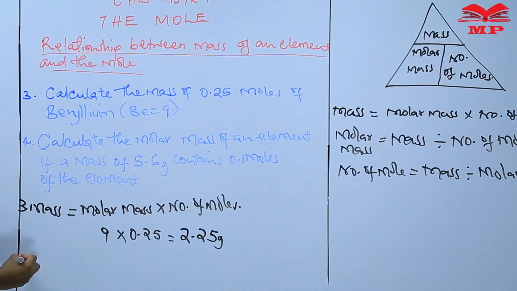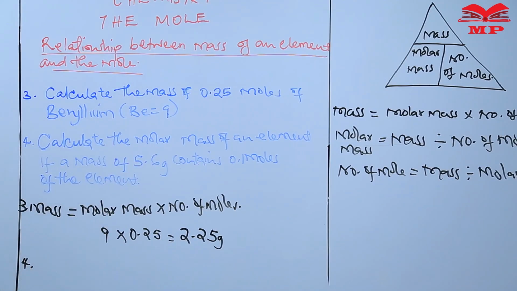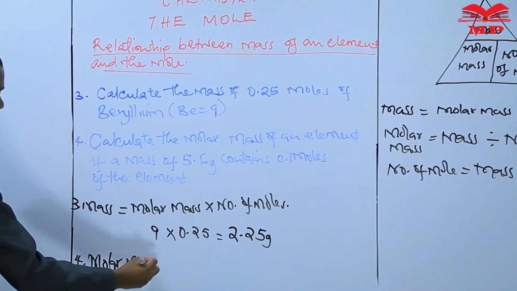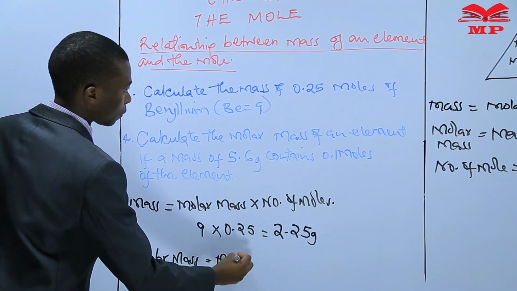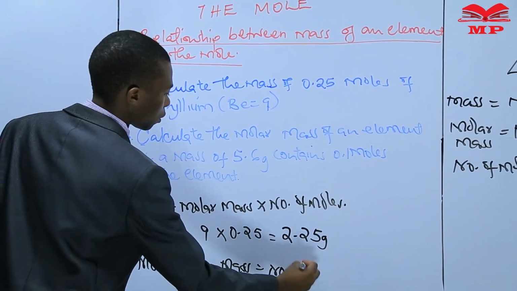In question number 4, you are calculating the molar mass of an element. If the mass of that element is 5.6 and it contains 0.1 moles, then the molar mass is given by the mass divided by the number of moles.